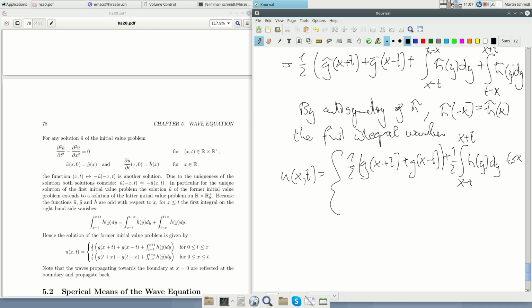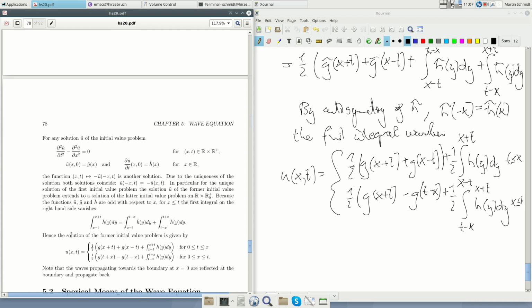But if x is smaller or equal to t, then we get here, of course, g of x plus t minus g of t minus x plus 1/2 integral, and now we replace this by the integral from t minus x to t plus x of h of y dy, for x smaller or equal to t.